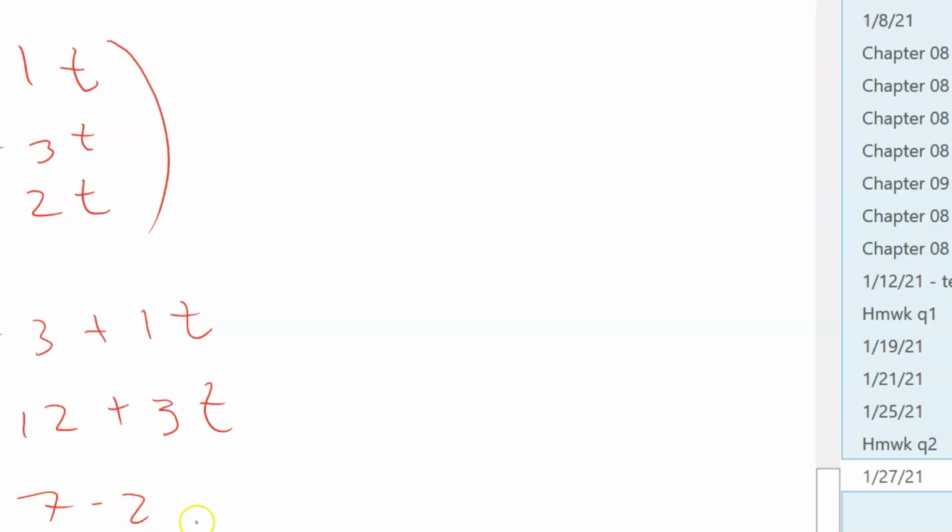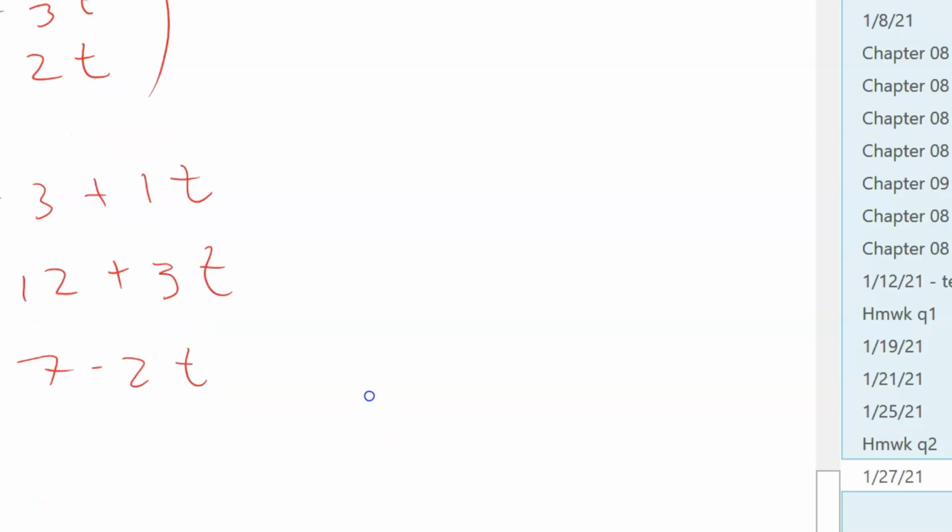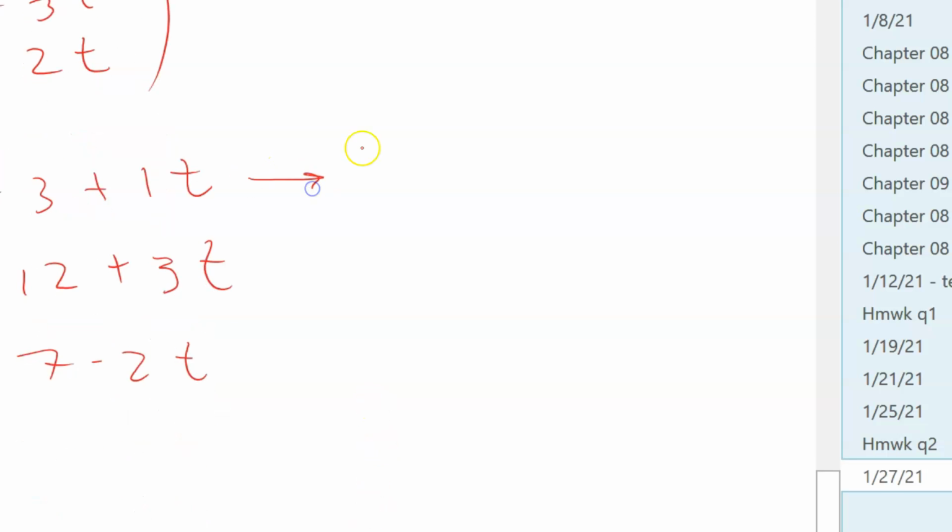So if I solve this system for t, I get -2. And if I plug that answer back in here, 12 plus 3 times -2 is 6. So that equation is satisfied with the solution for t.